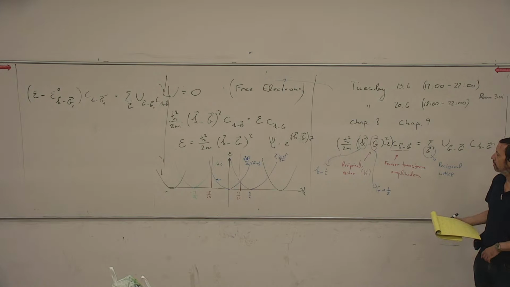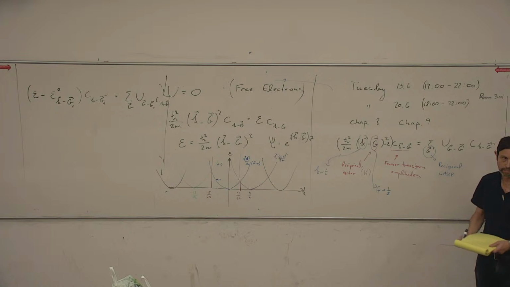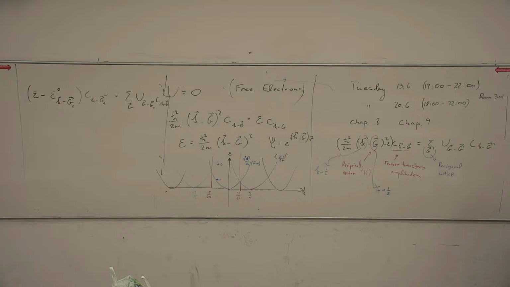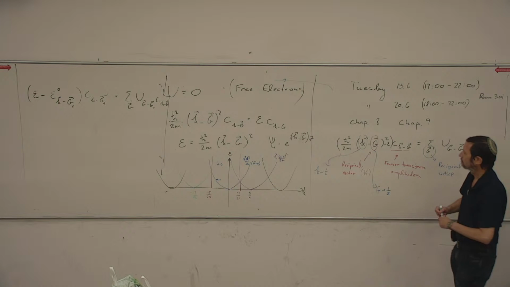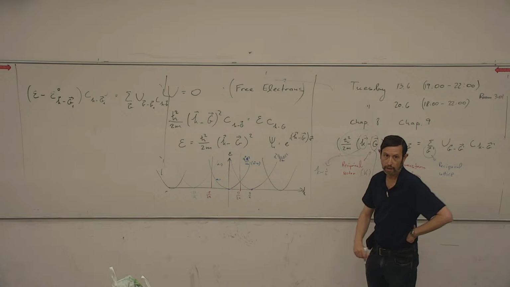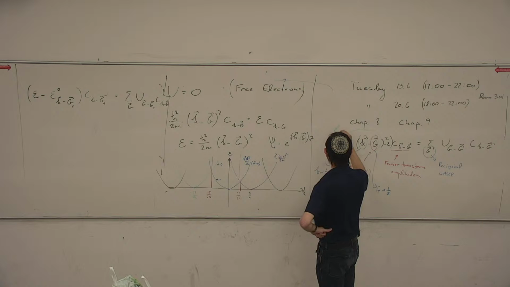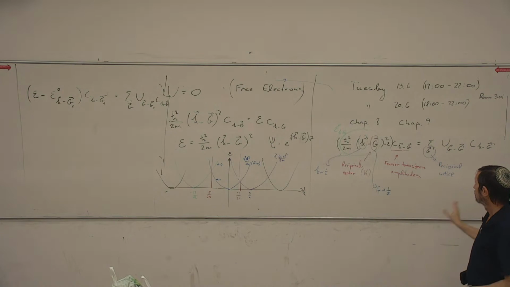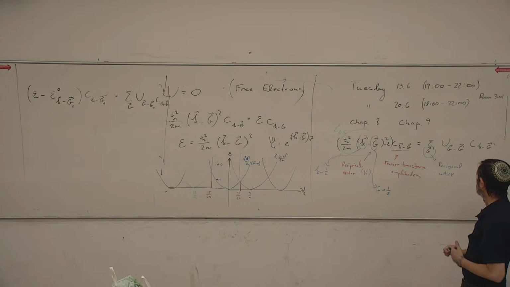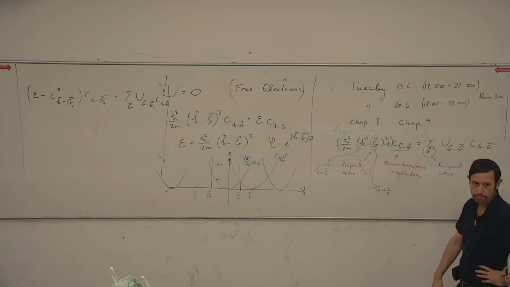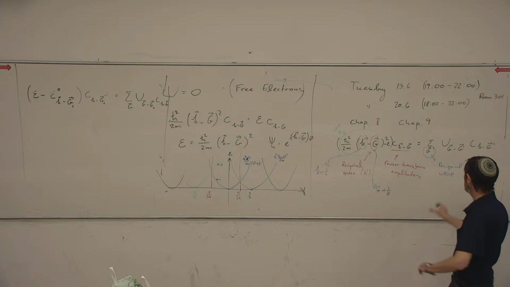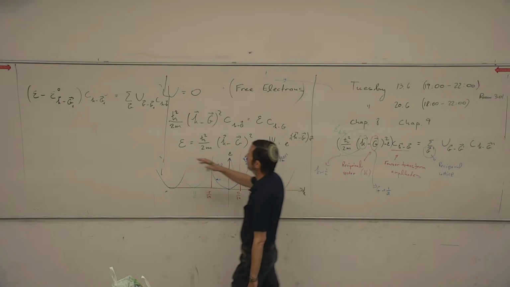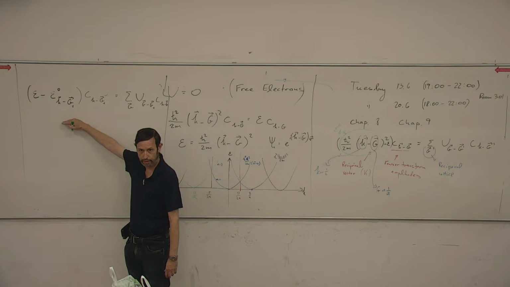Okay, what did I do here? Call this part epsilon 0 of k minus G. I chose a particular value of G and just wrote the equation. This part didn't change, and here is what is appearing here.